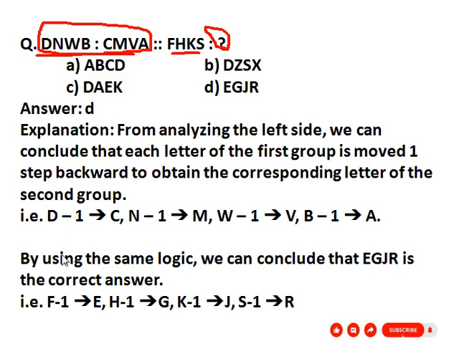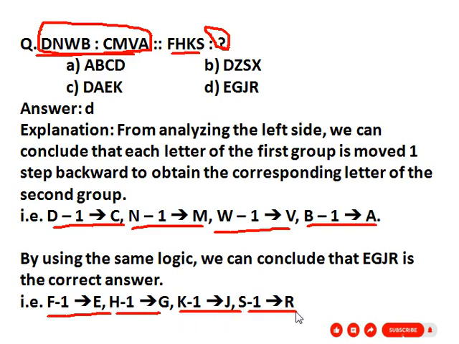See here D minus 1 is C. Then N and M, N minus 1 is M. W minus 1 is V, and B minus 1 is A. By same logic, we get F minus 1 is E, H minus 1 is G, K minus 1 is J, S minus 1 is R. So EGJR is the correct answer. Here given option B, EGJR.